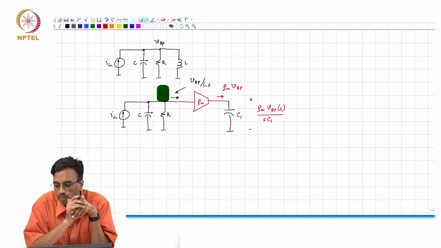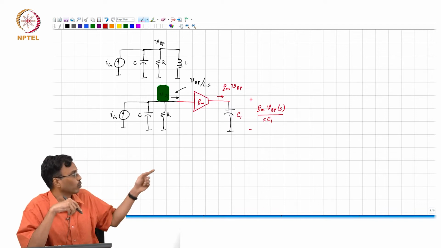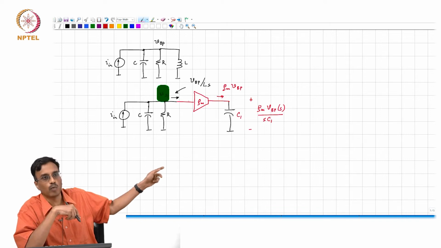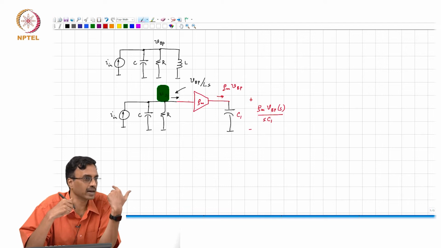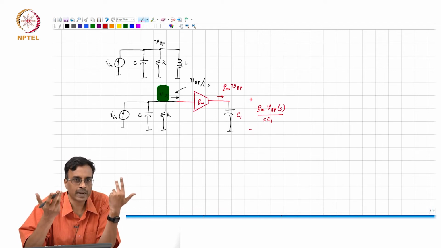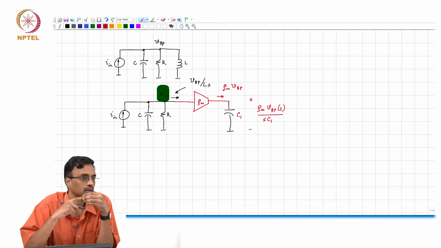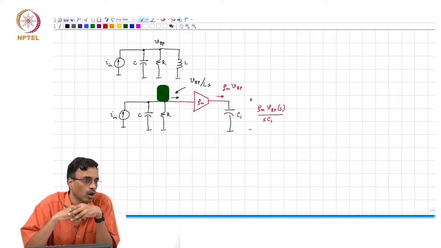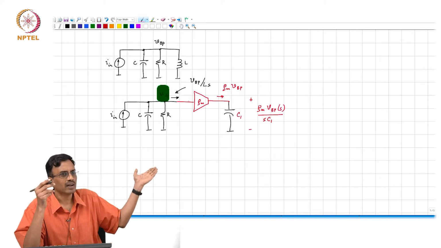But what do we need to do? We need to pull out a current. What we have in red is a voltage controlled current source, so what current is being drawn from VBP at this point? No current is being drawn. But what current must we draw? VBP over SL.